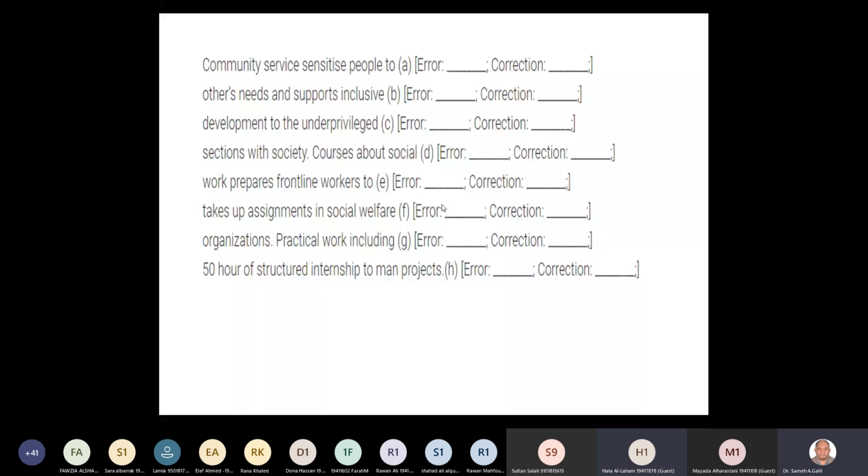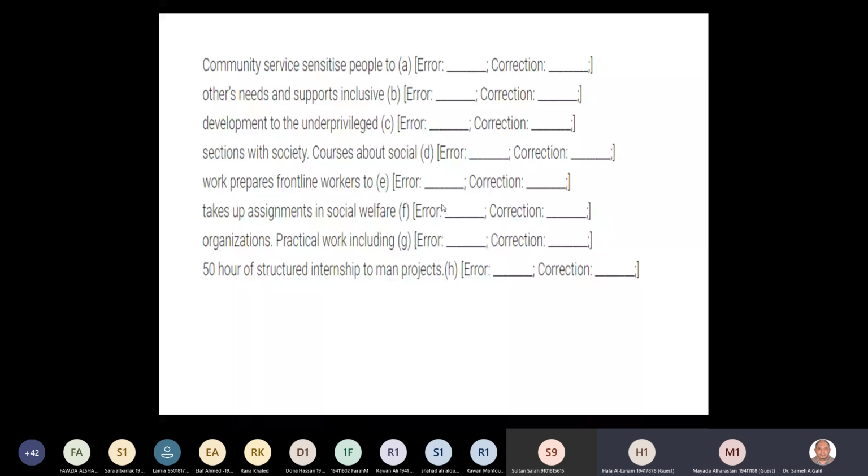Yes, doctor. The first one is community services. Sensitize people to others' needs. Why services? I mean, we call it community service. It's better if you focus on the verb. You add S to sensitize, and it becomes sensitizes, because you have another verb. But I think it's community services in general. We always call it community services in plural.